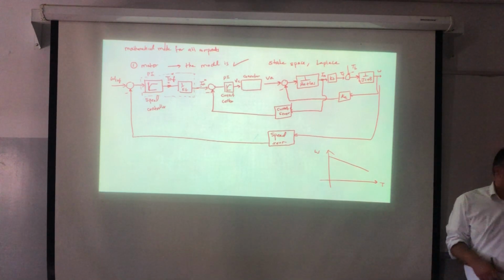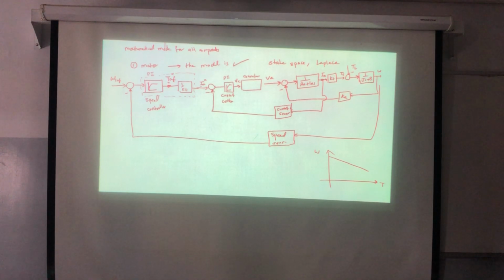Good. So now, if I need to find the mathematical model here, what do I need? The machine, I know the mathematical model for the machine. I need to find the current sensor mathematical model, and the speed sensor mathematical model.